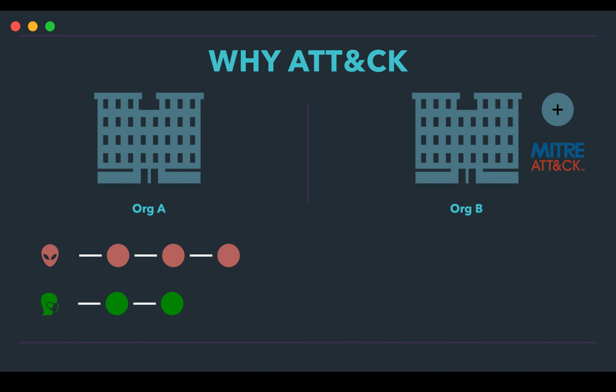On the other hand, for organization B, with the help of MITRE ATT&CK, the scenario will be a little bit different. In place, and this is our security team. The attacker will start to apply their malicious activities on our network, and our security team will start to detect and work with this incident.